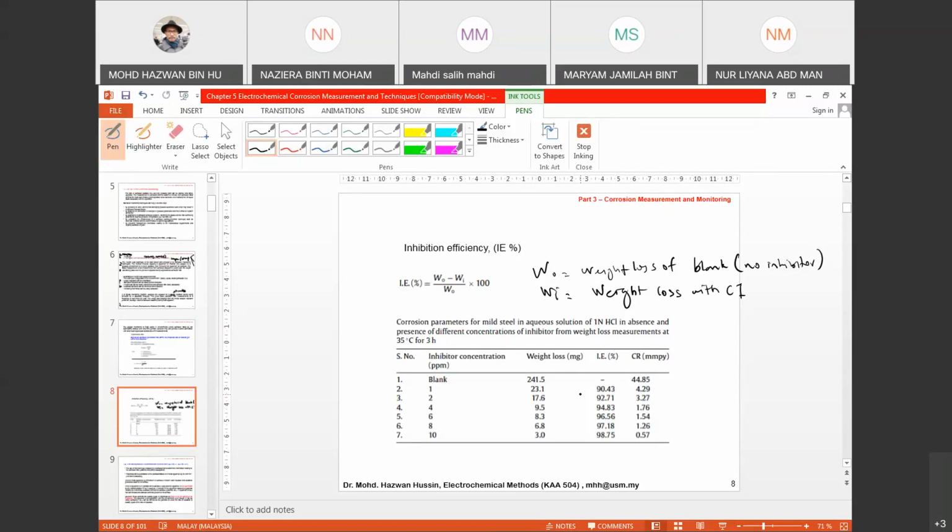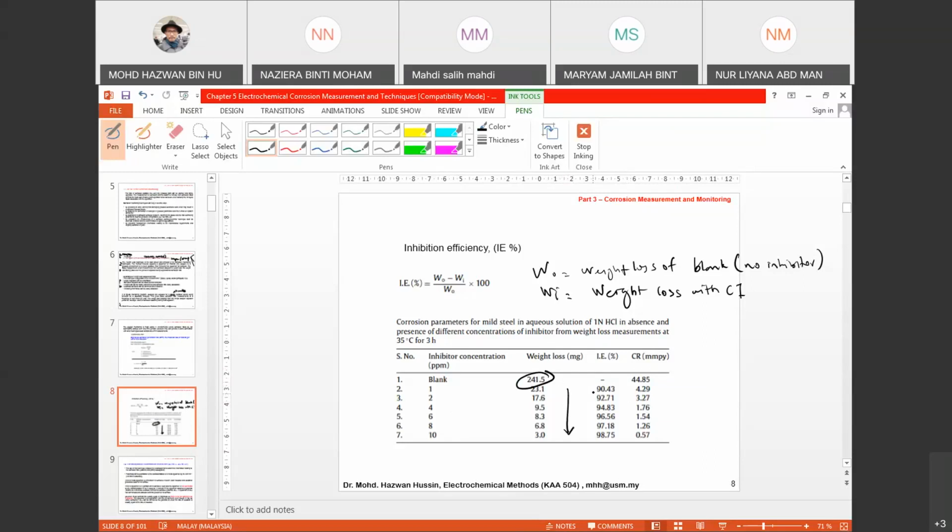You can see this example: corrosion parameters of mild steel in 1 normality hydrochloric acid, in the absence and presence of different concentrations of inhibitor, from weight loss measurement at 35 degrees Celsius for 3 hours. For the blank, the mass loss is higher. When you add different concentrations of inhibitor, the mass loss is reduced.